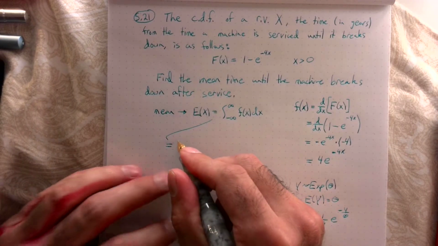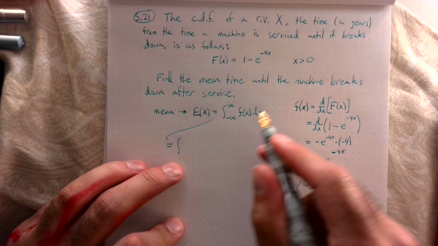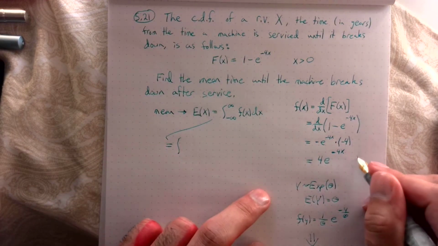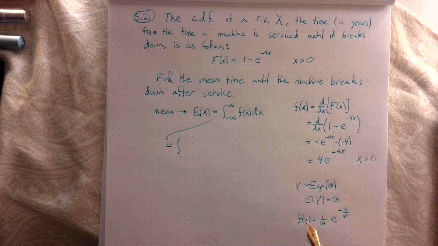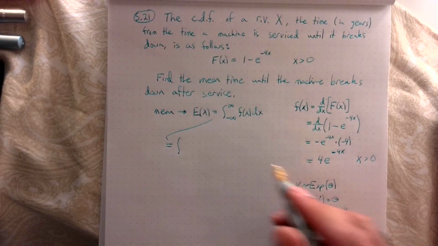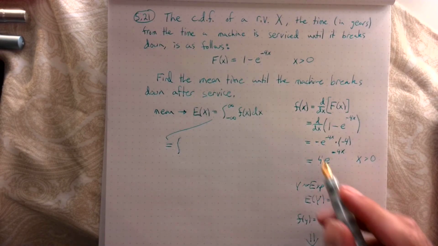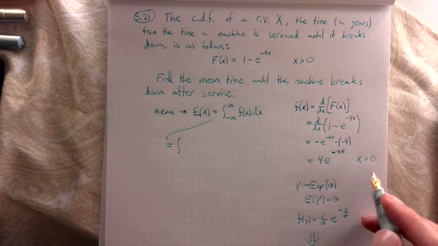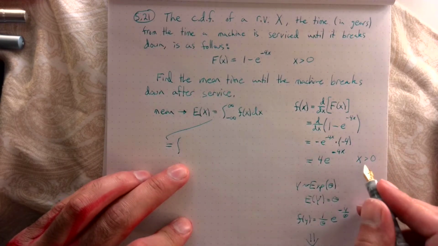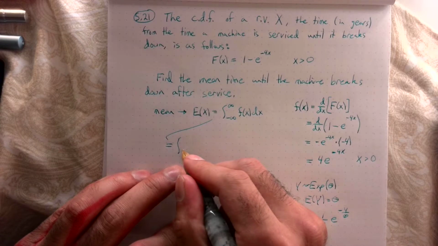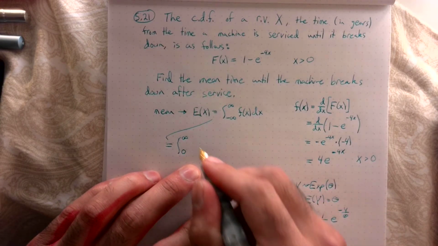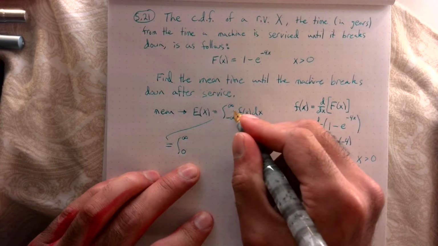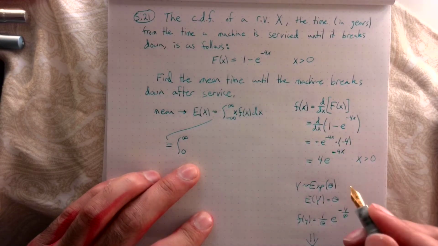So in our case, remember, this is going to be for x values greater than 0 because it's coming from this, right? The only non-zero values for our PDF are going to be for x values greater than 0. So we're going to be integrating from 0 to infinity. Sorry, this should be an x here. I forgot that.